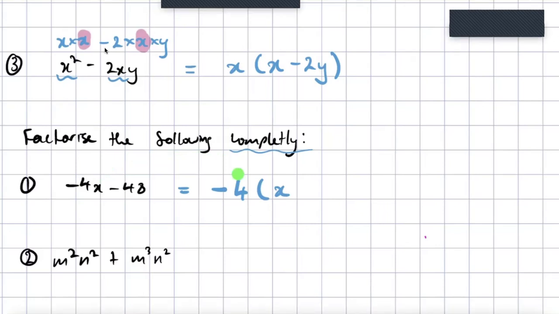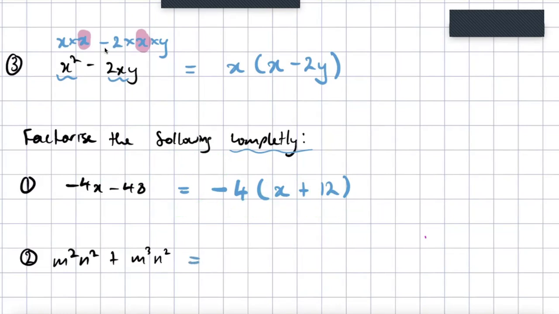And then minus 4 times what gets me minus 48, okay? Again, ignoring the negative there just for one moment, what you are after is 12. 4 times 12 will get you 48. And then I just need to make sure that on the inside, I have changed both of the signs to now become positive.